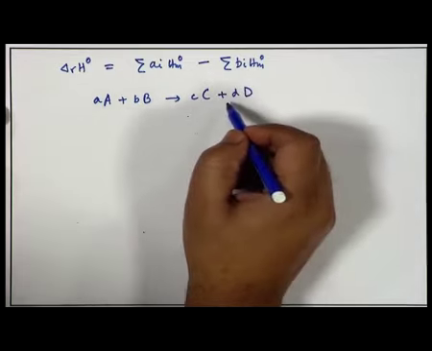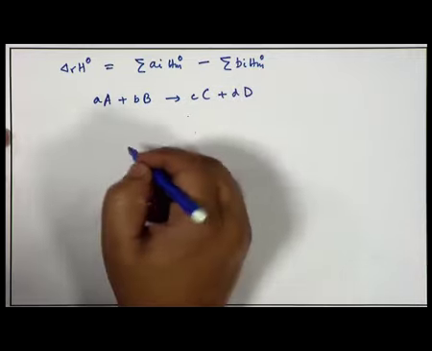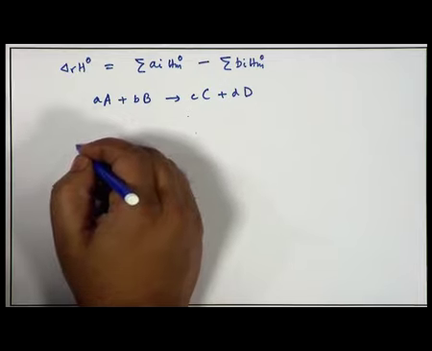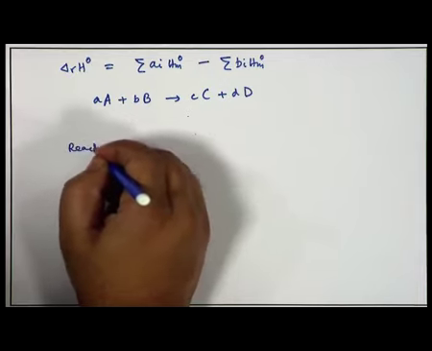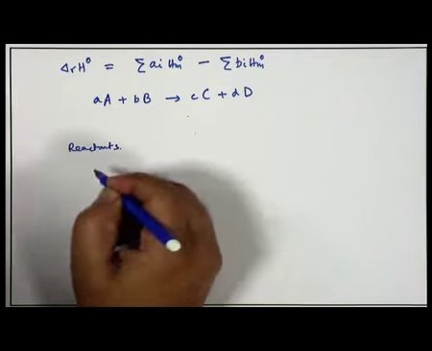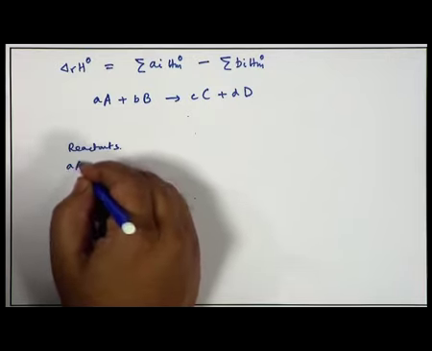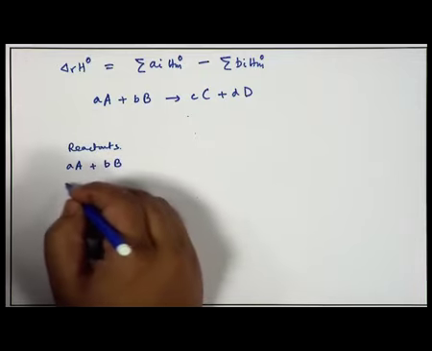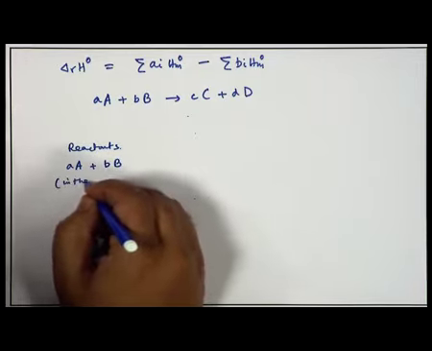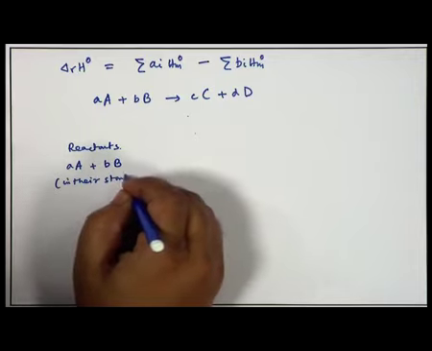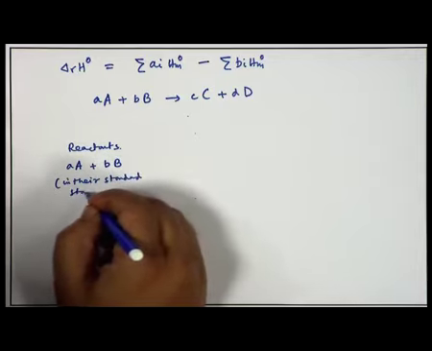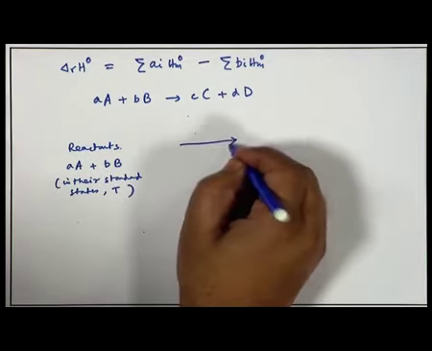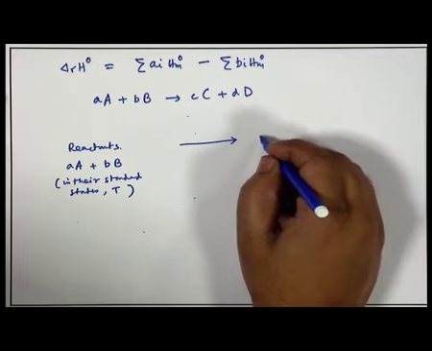Now, A, B, C, D are stoichiometric coefficients. Now, I can make a cycle, like I can consider the reactants, in this case A plus B in their standard states at some temperature T to products.